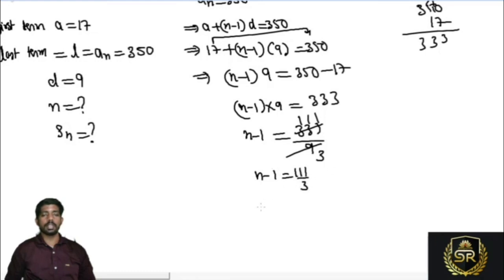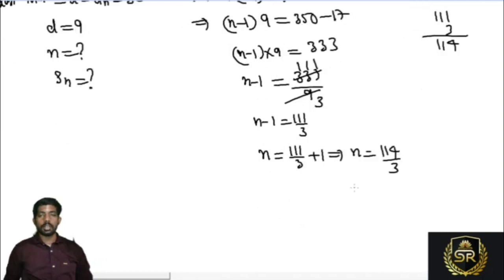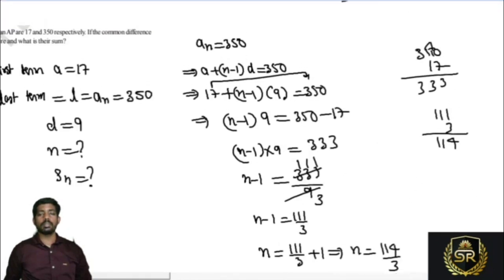Minus 1 goes to the right hand side: n = 111 by 3 + 1, which is 37 + 1. Therefore n = 38.